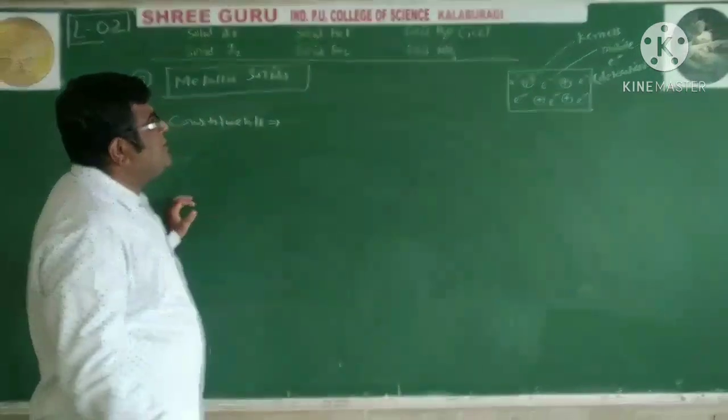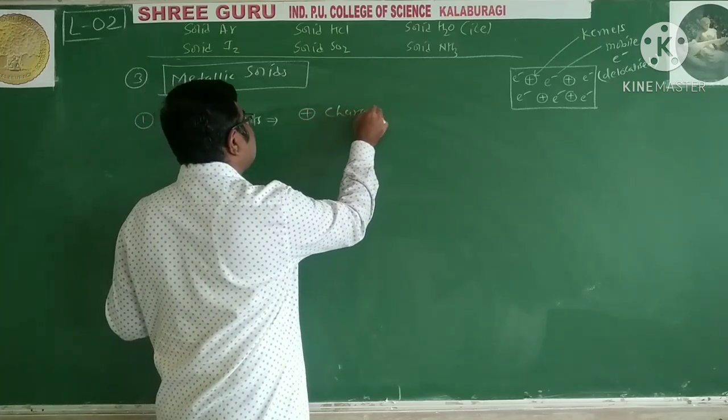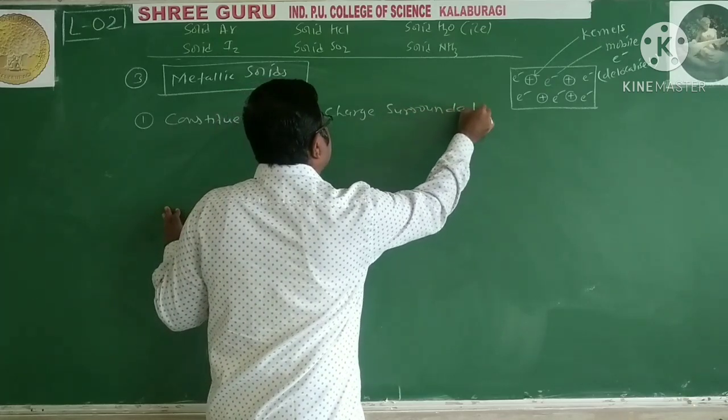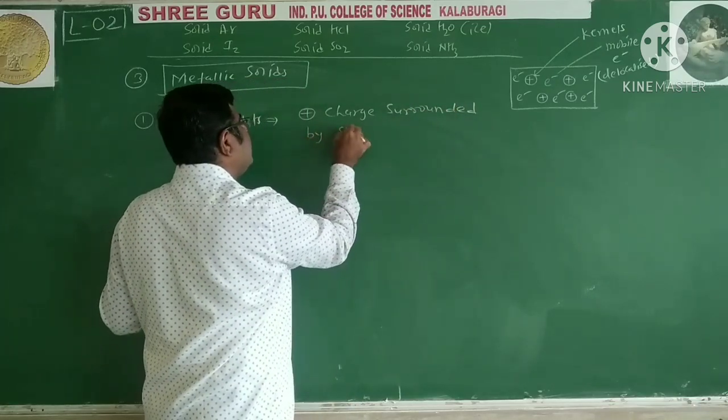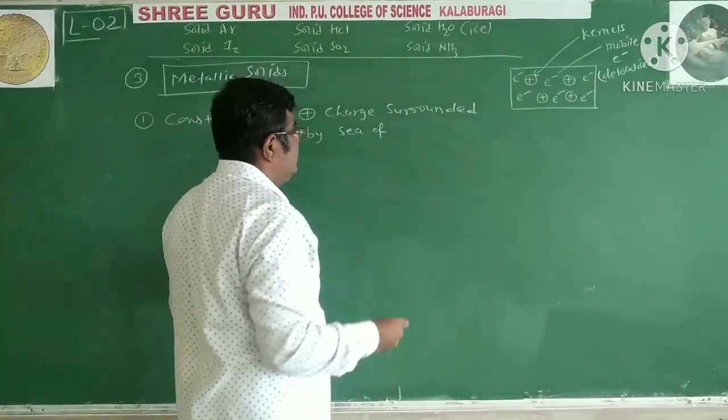So constituents are positive charges surrounded by a sea of delocalized electrons, because they are distributed.